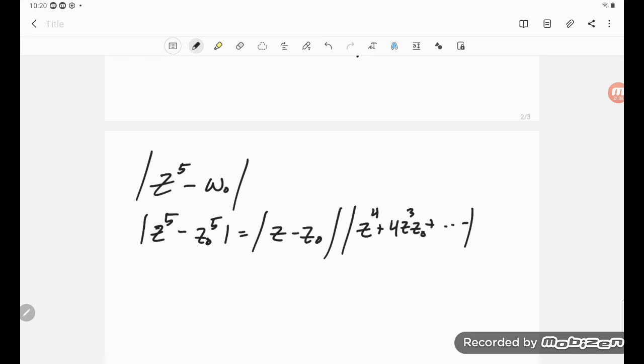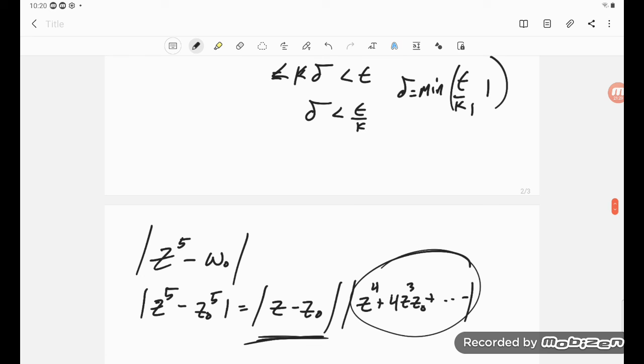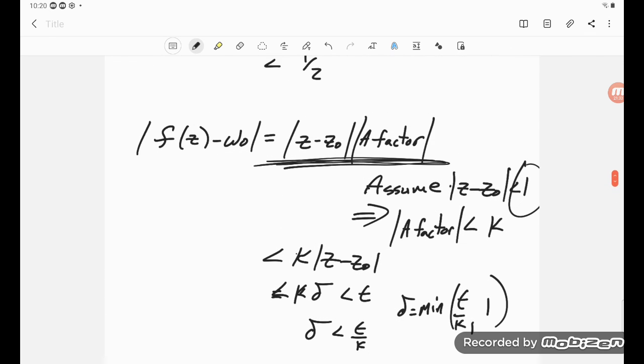But it would factor, and then again I would try to get a bound on that based on saying this had to be no bigger than 1, and I would go from there. So it's that algebraic game. If you do it enough times, you kind of get used to it. And that's just one strategy for these.